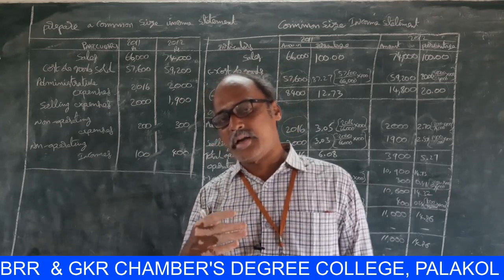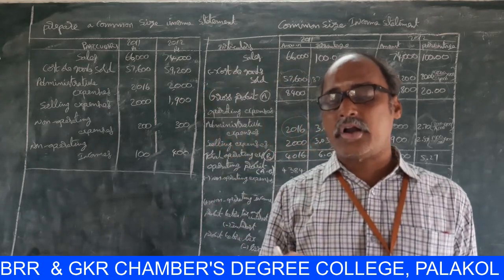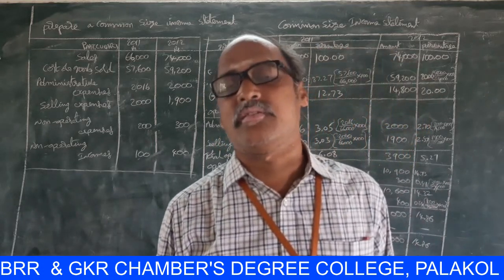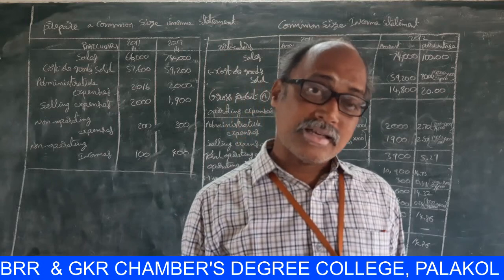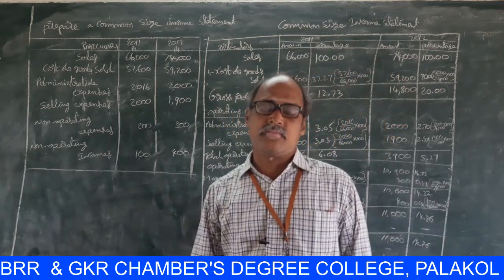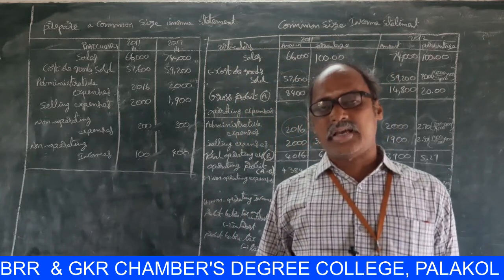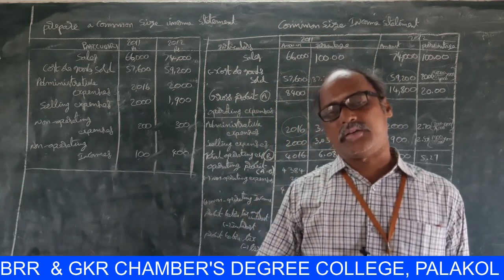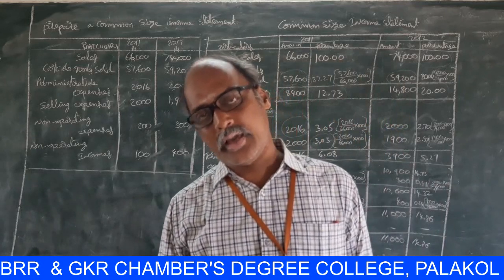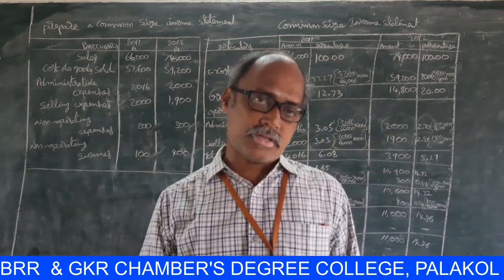Minus non-operating expenses, add non-operating income, then we find profit before tax and interest. Minus interest, we find profit before tax. Minus tax, then we get profit.